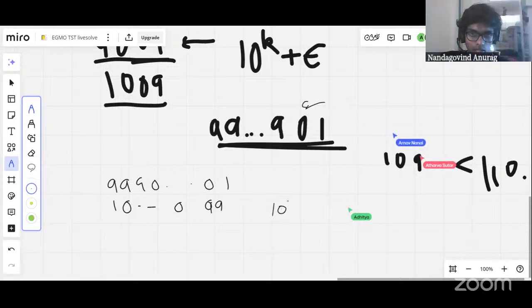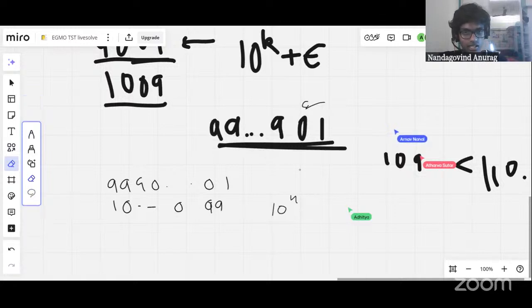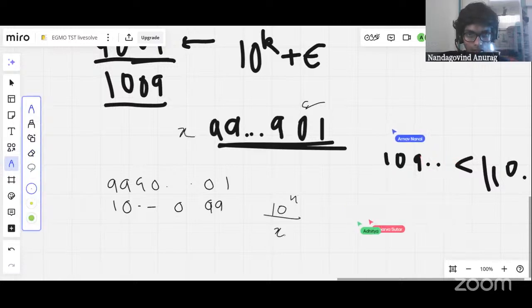Yeah, the point would be that 10 power n, if this is n digits long, 10 power n by numbers of this form x would tend very close to 1 as we add more and more nines.